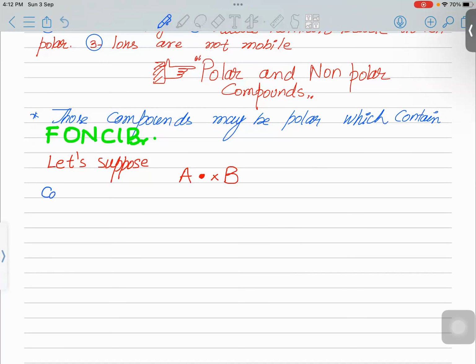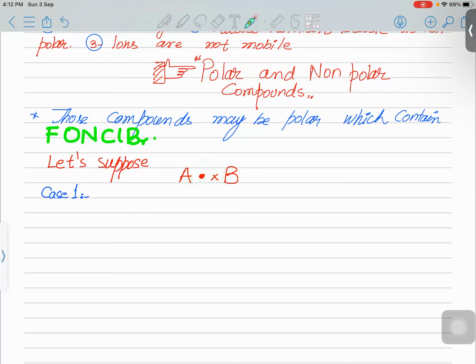It is the power of an atom to attract a bond pair of electron towards itself. Yes, this is bond pair, right?